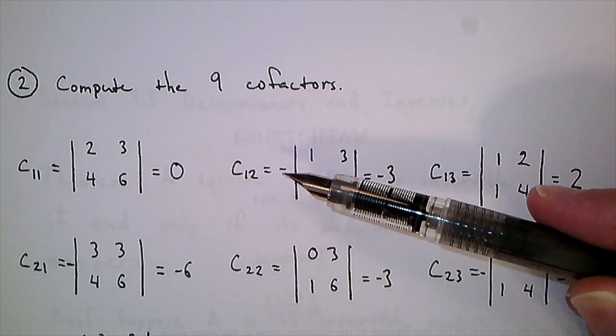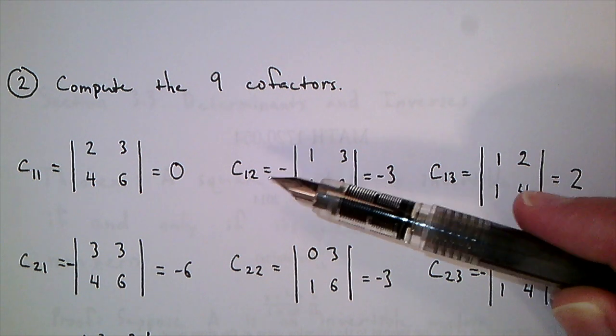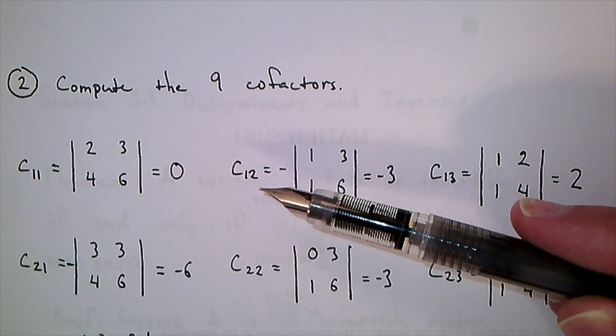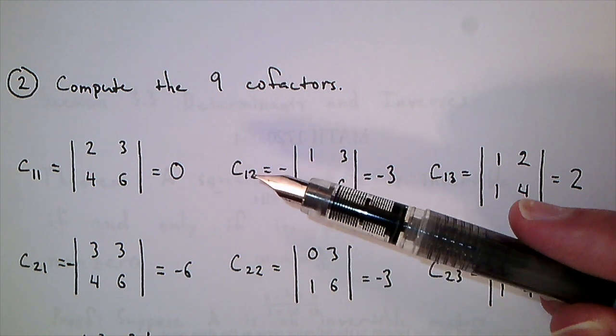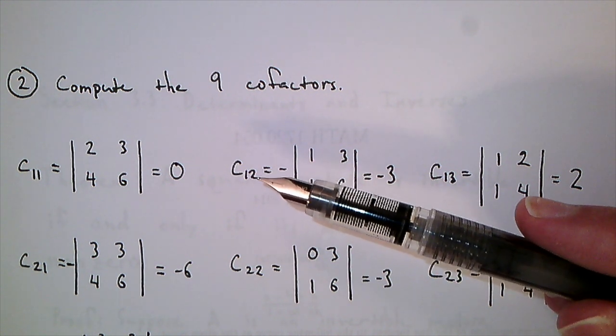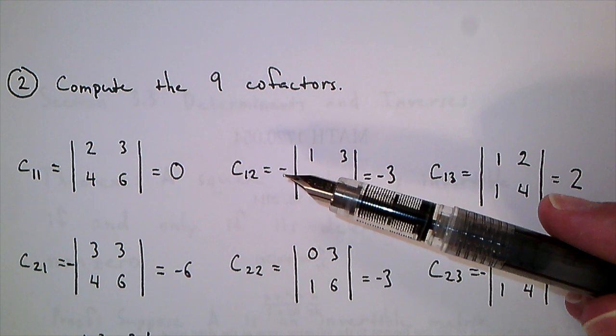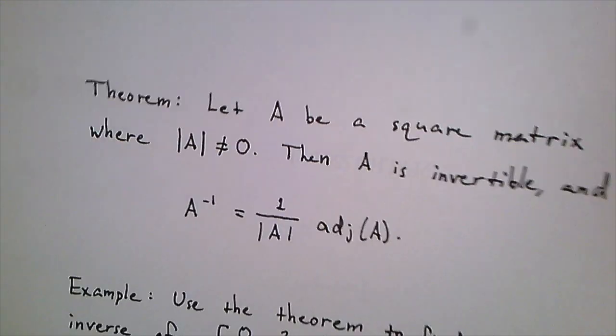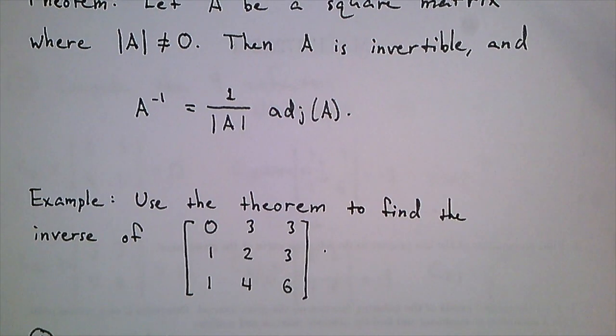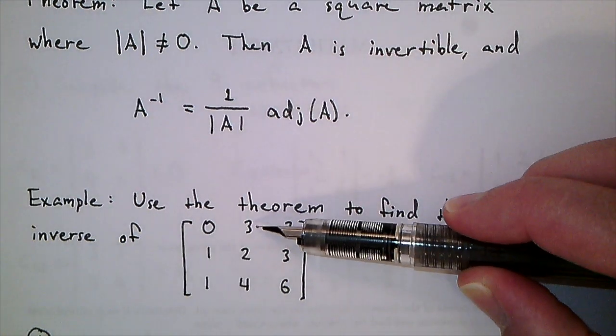Okay. And then let's talk about a couple more, maybe. C12, we pick up a minus sign since it's the 1, 2 entry. You might remember the formula for the cofactor. It has minus 1 to the 1 plus 2 in it. So minus 1 cubed gives us a minus sign. And then we have to figure out the 2x2 determinant that corresponds to the 1, 2 entry.